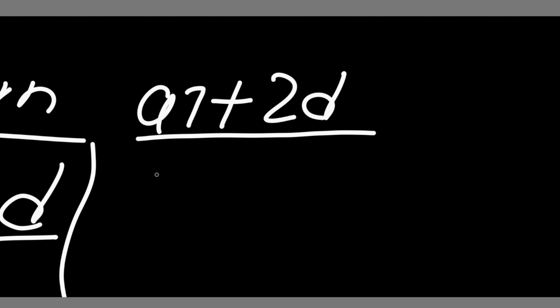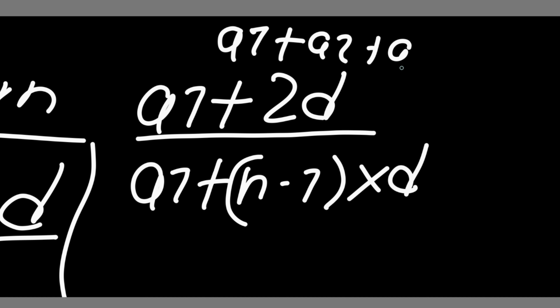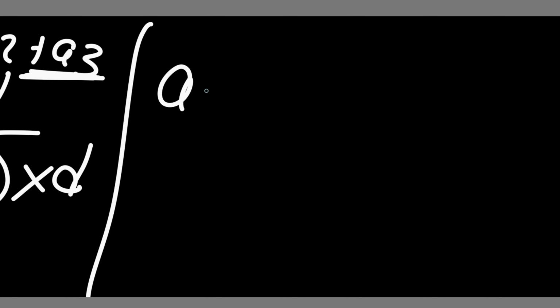Now you will see how this connects to the formula. Let's go to the formula A1 plus 2d, and now let's see the formula A1 plus n minus 1 multiplied by d. In A1 plus 2d, we needed to find A3. So yes, I will show you clearly.